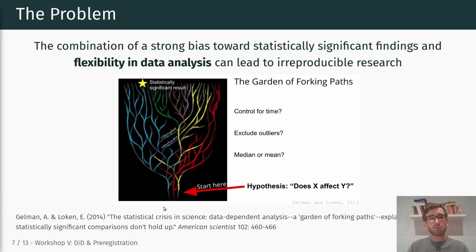So there is a sequence of decisions that you have to make from the start of your hypothesis to the actual result, right? And as it turns out, all of these potential decisions in this kind of garden of forking paths lead you to potentially different results.